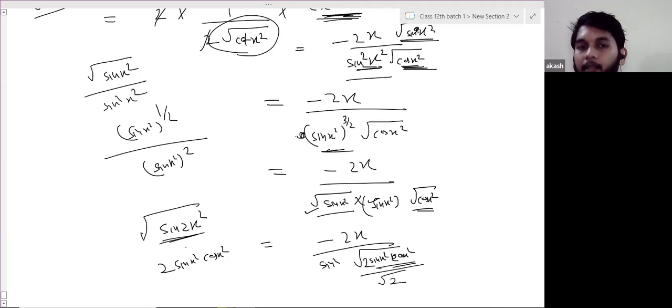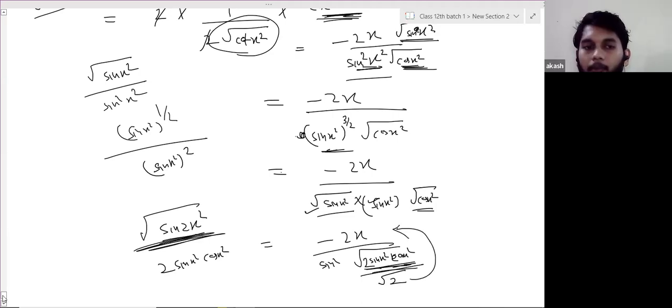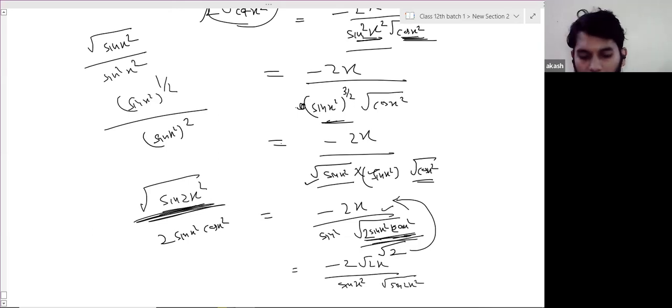We can write this as this, right, Kulsum? Yes. Then this root 2 will go to the numerator, and you will get minus 2 root 2x sine x square under root sine 2x square. All right. So yes, you can get this answer, but you have to do a lot of calculation.